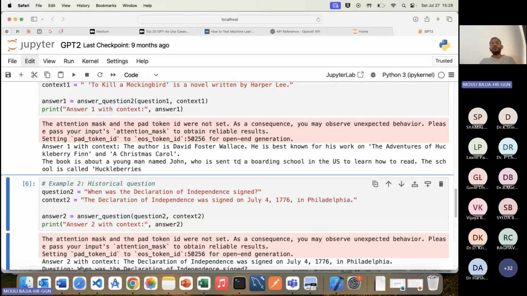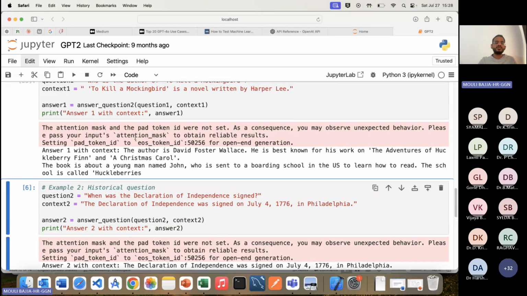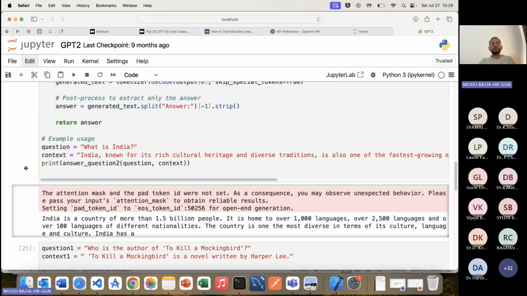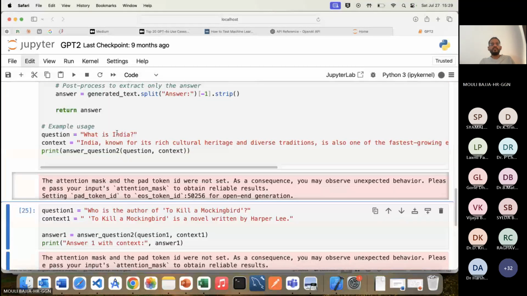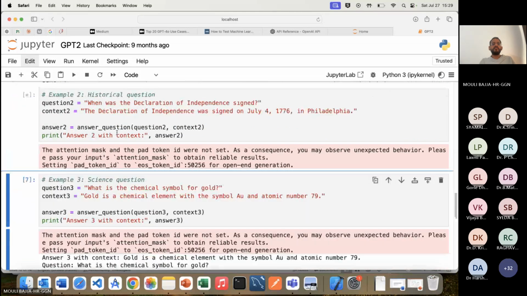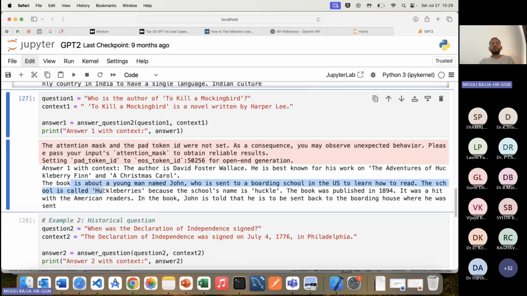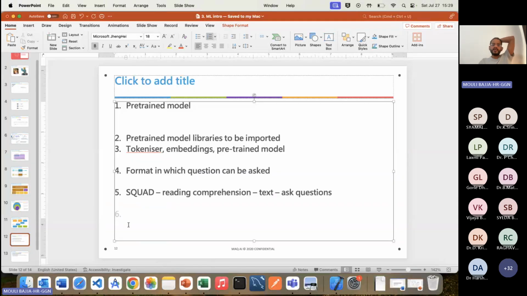The book is about a young man named so and so, who is sent to a school called so and so. And it is not repeating here. Yeah, so this is the answer it has provided. I will now go back to what other aspects you have asked for.